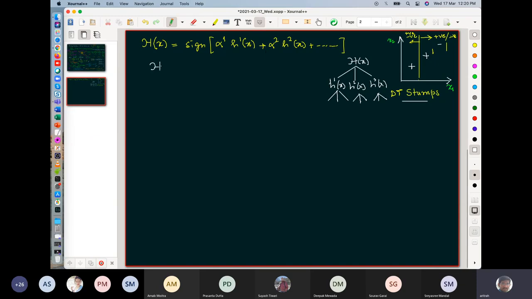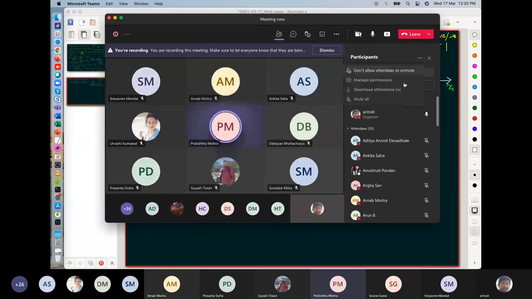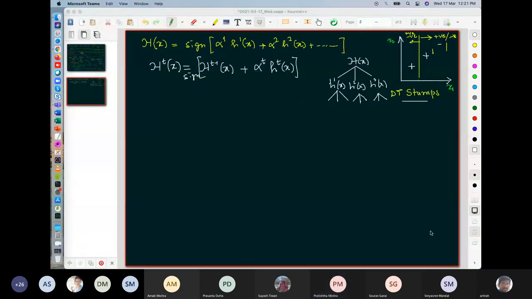So recursive formulation means at any h_t(x), basically you have h_{t-1}(x) plus alpha_t h_t(x). Kindly mute yourself, whoever is unmuted. So therefore, this is what I mean by recursion.